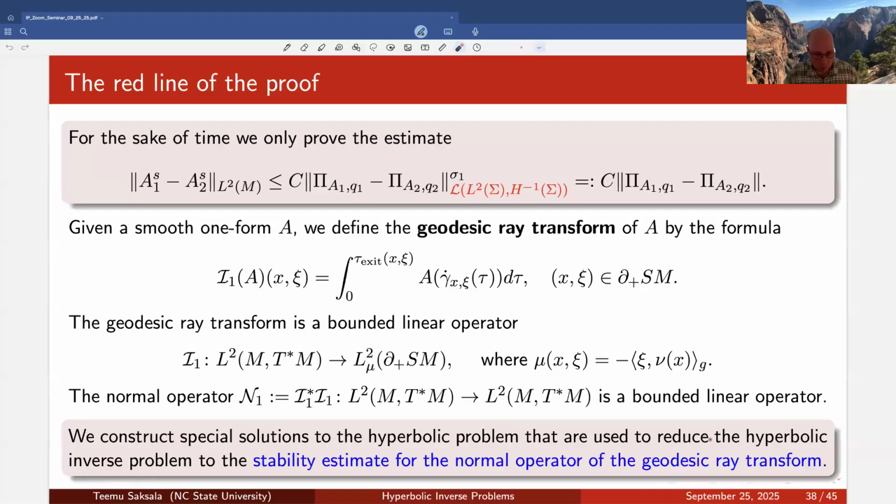Okay, and now what we really need to prove our result is a stability estimate for this normal operator, which was proved by Stefanov and Uhlmann now 20 years ago.